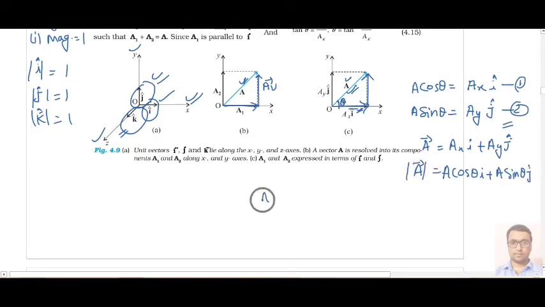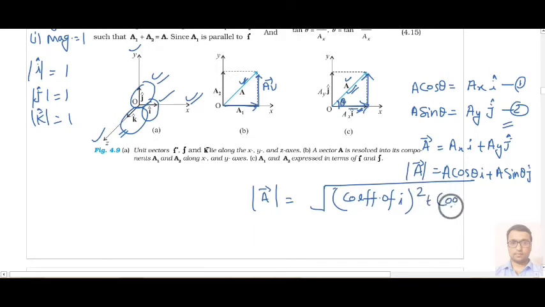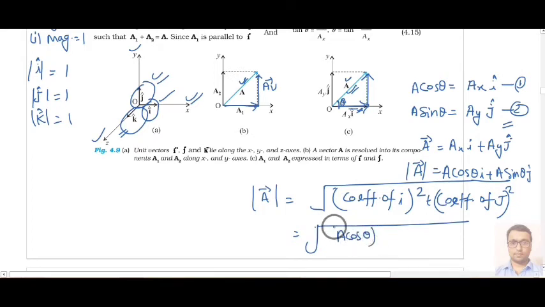Now if you want to calculate the magnitude of vector A, then you will write the formula: coefficient of i square plus coefficient of j square, under root. That is under root of A cos theta whole square plus A sin theta whole square.